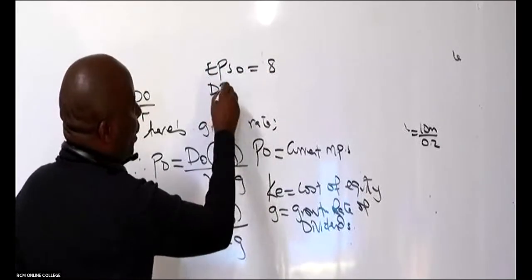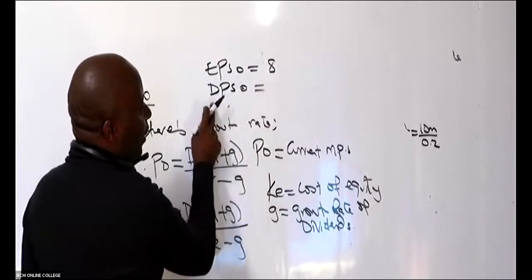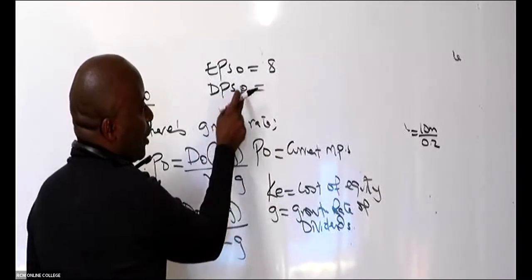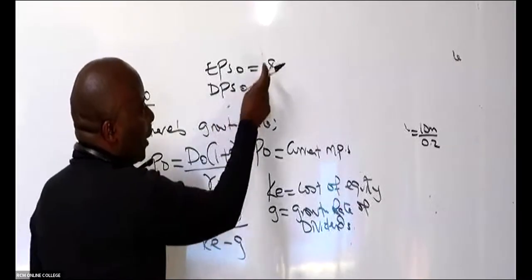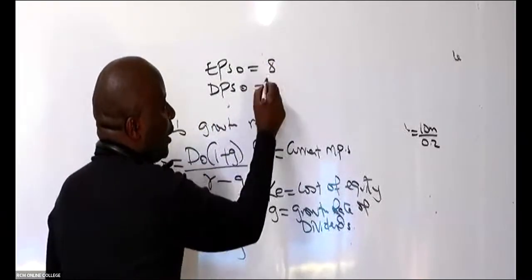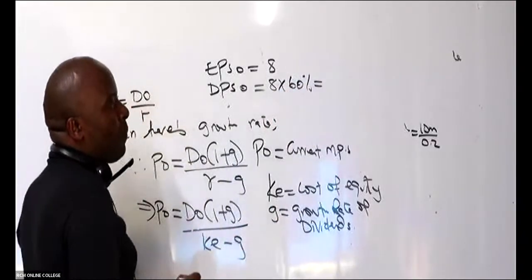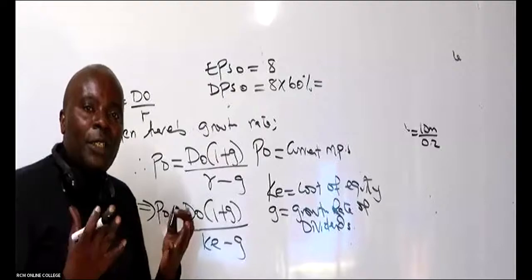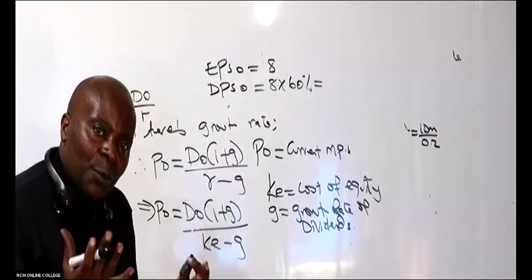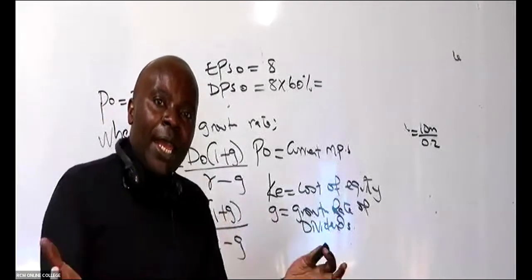I can easily get the DPS, dividends per share, in the current year, because out of the company's earnings, these people are paying 60% as dividends.